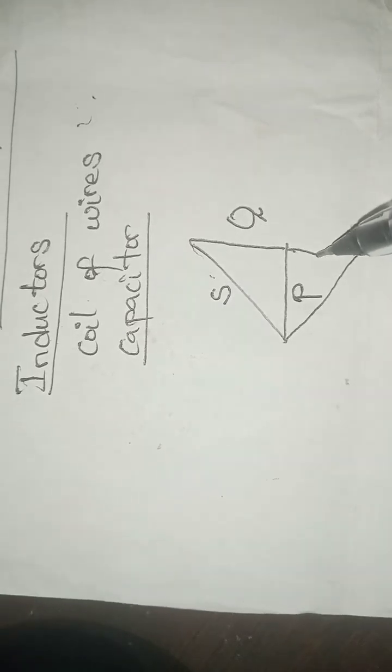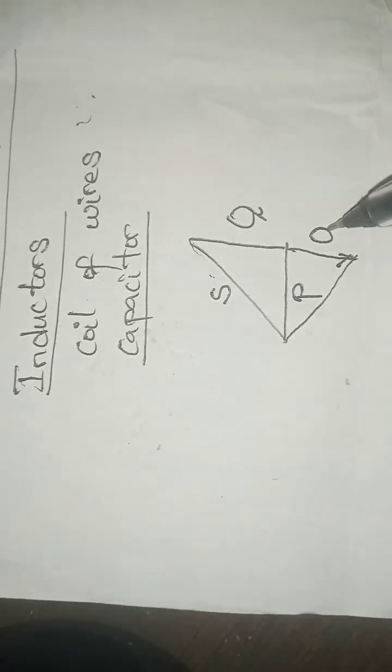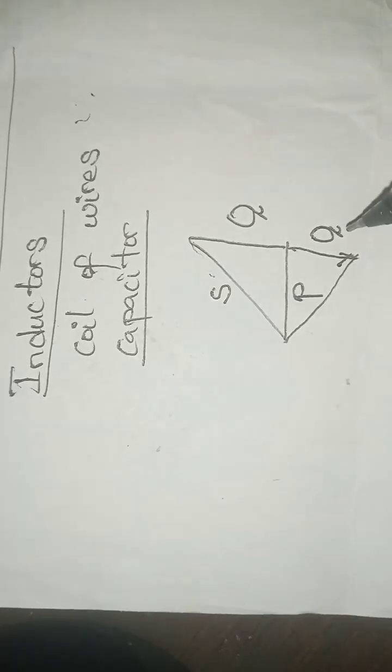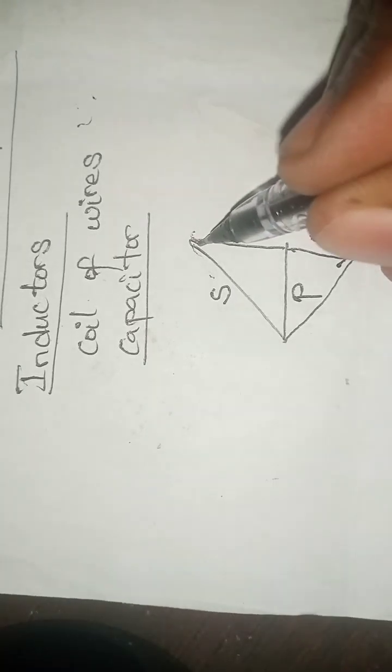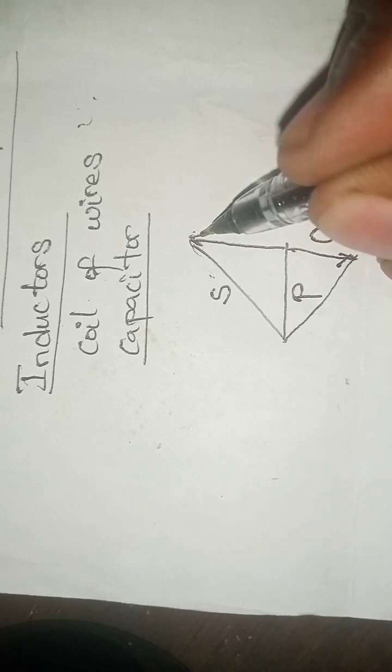Reactive power can either be negative or positive. Why are we saying negative? Remember, a capacitor does not consume reactive power. Instead, it produces reactive power. So when it is represented mathematically, it is represented as negative, while for inductors, since they consume power, it is represented as positive.